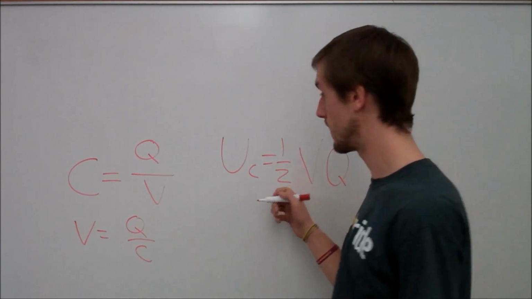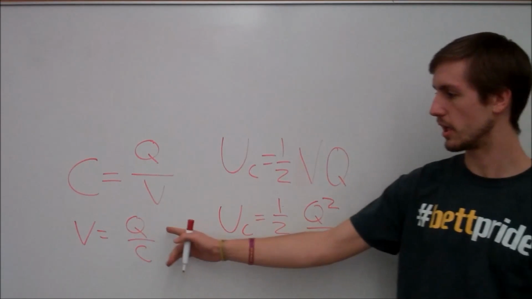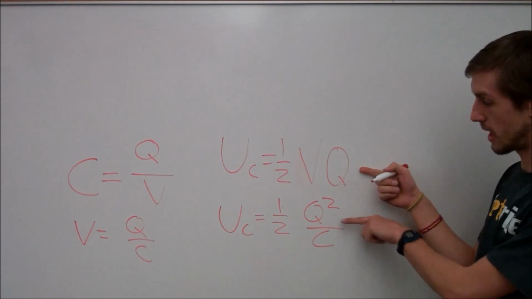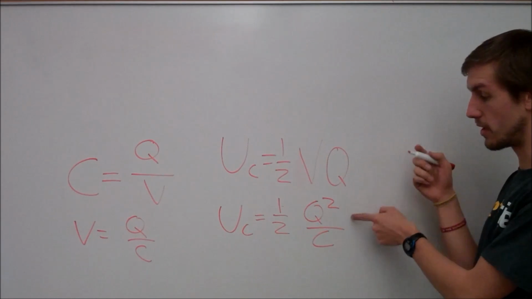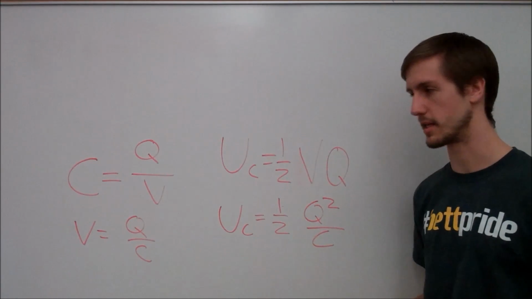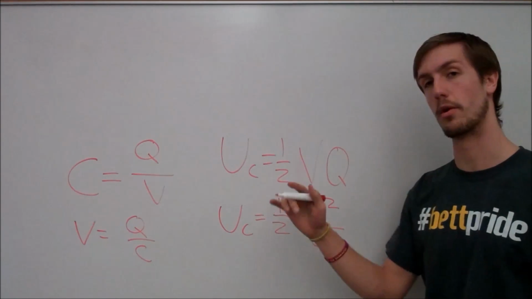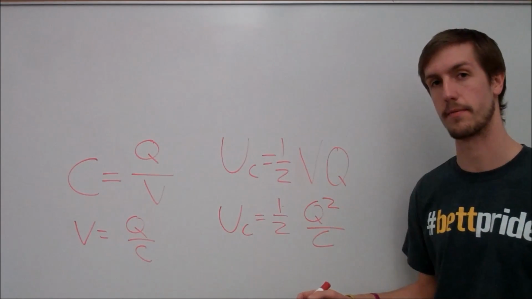Once I put in Q over C for my voltage, I would have charge times charge again, so I'd have Q squared over my capacitance. Now I think you can see what I'm going to do with this last one, where I'm going to rearrange and get Q by itself.